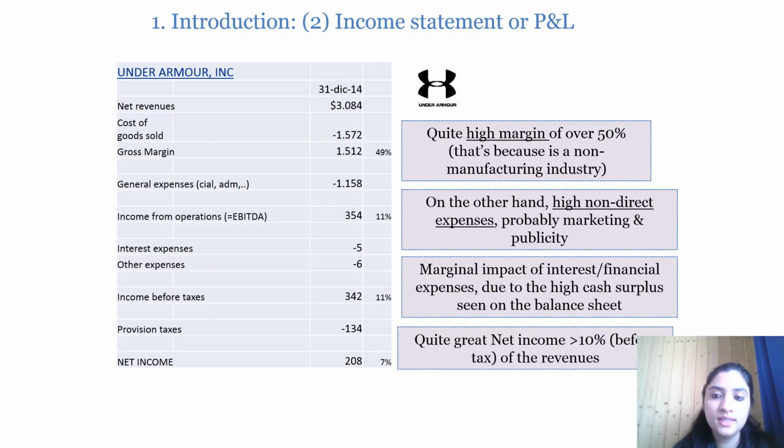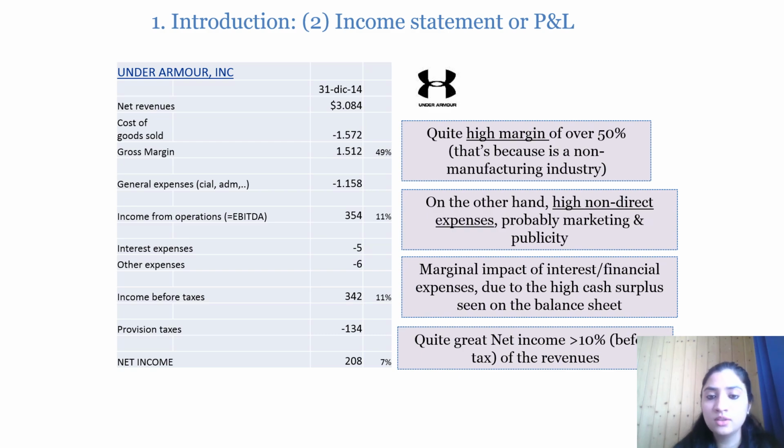So here you can see an income statement from Under Armour, and we will understand how the income statement explains different elements of the business. First of all, you can see that the revenues of the company are $3,084, okay, and the cost is negative 1,572.